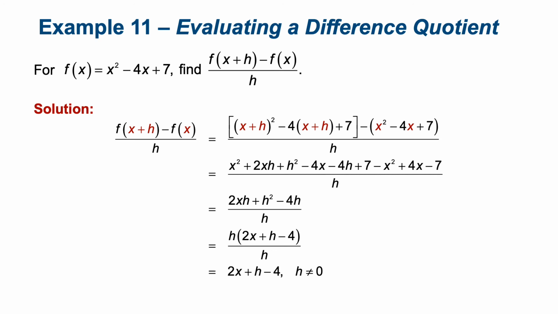You have a greatest common factor of h, just h. Because h is here, h is here, h is here. If I factor out this h, I'm left with 2x plus h minus 4 all over h. And what happened, we cancel these out, and we're left with 2x plus h minus 4, where h cannot be 0.